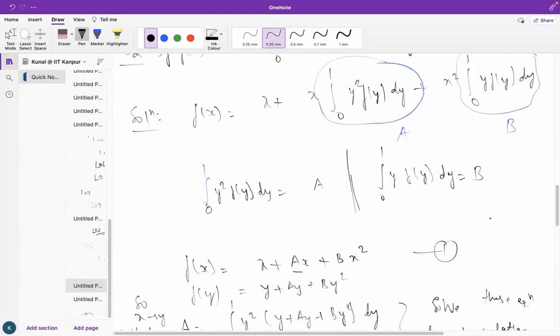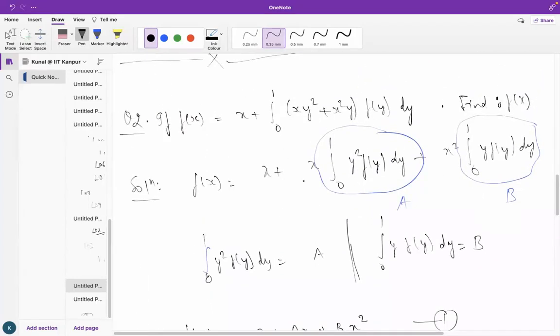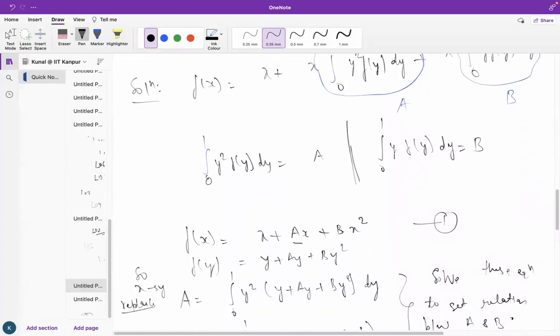Okay. Now our f of x looks like x plus ax plus bx square. So the same thing I wrote here. So f of x is equal to x plus ax plus bx square. So now f of y is also equal to y plus ay plus by square, right?